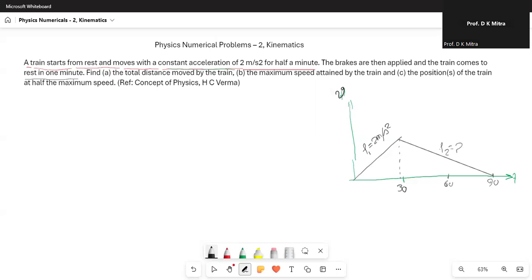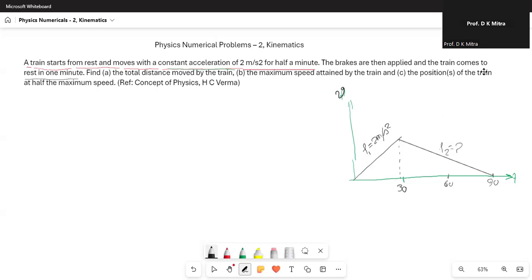Acceleration or retardation, this is not given. Here, it says it comes to rest in 1 minute. In my understanding, it should have been mentioned, it comes to rest in another 1 minute. That means from here to here, another 1 minute passes.